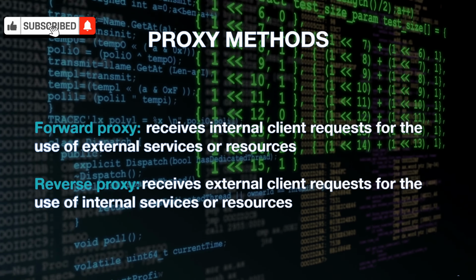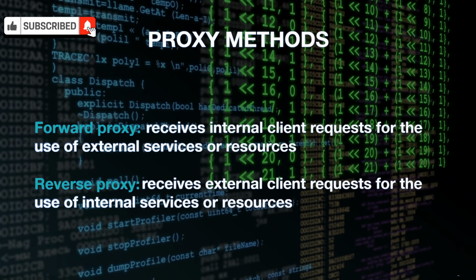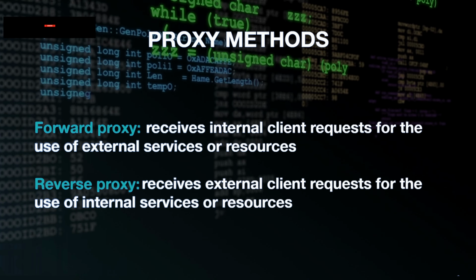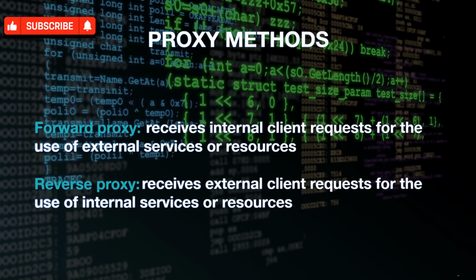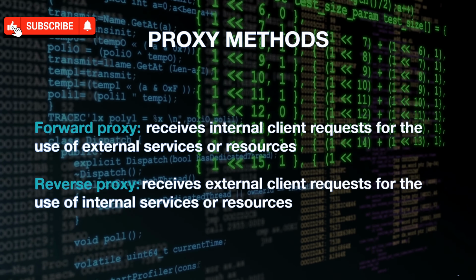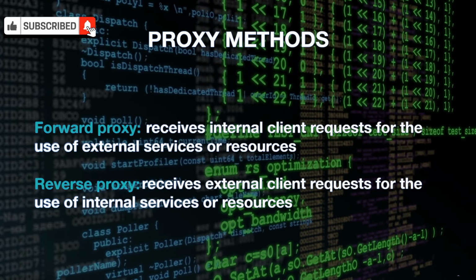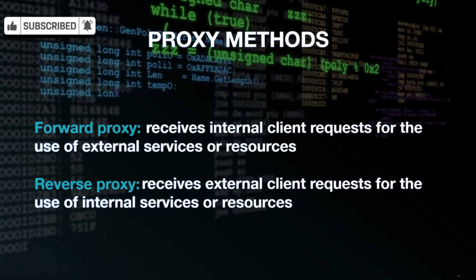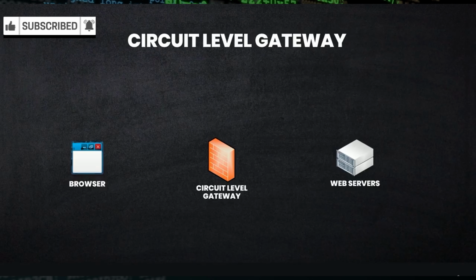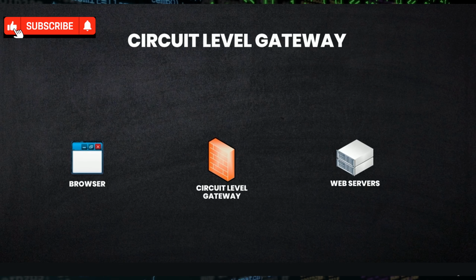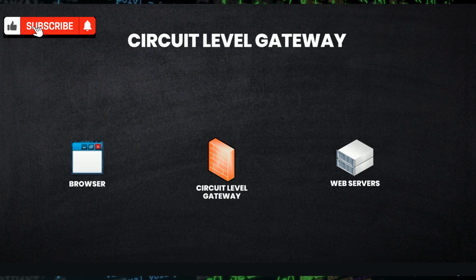You have a browser that's going to want to make a connection to a web server, right? So it's going to request that session. Well, that circuit level gateway, or the proxy in this case, is going to intercept the communication and make the request on behalf of the browser. So now the web server and the gateway are talking to each other, right?